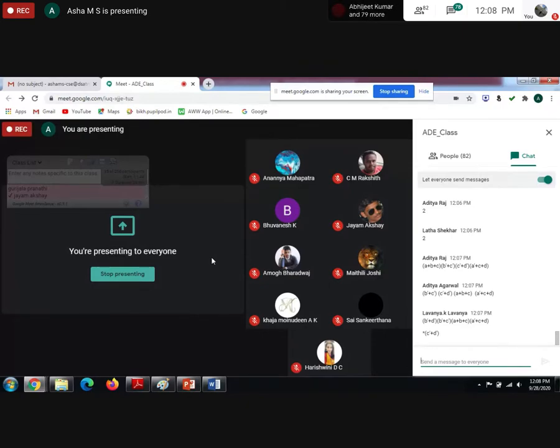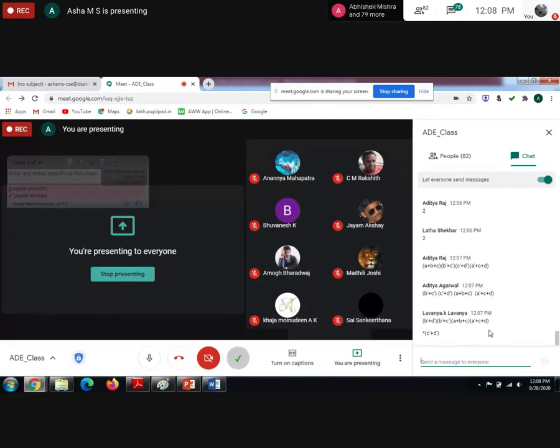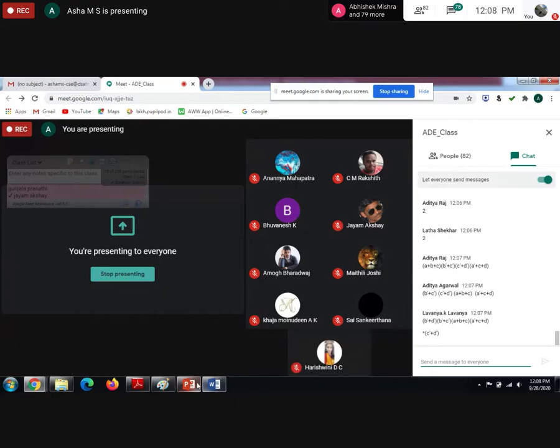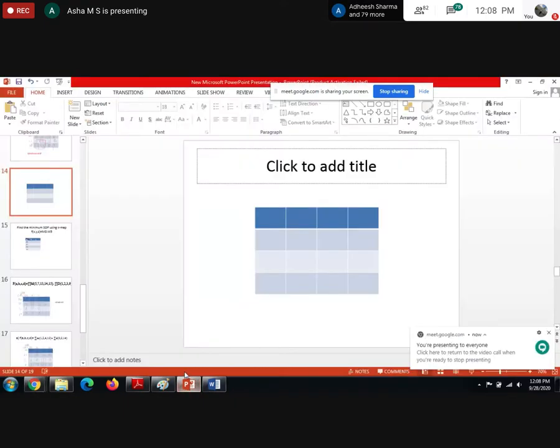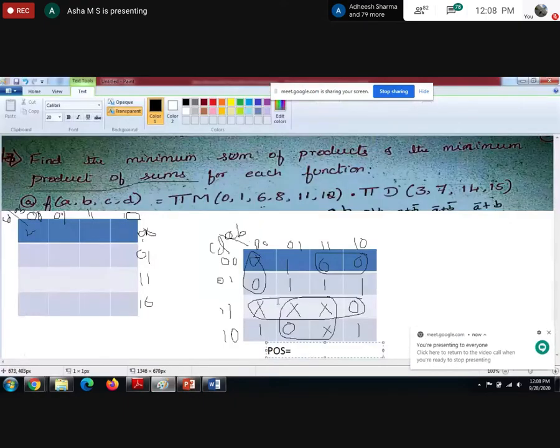Lavanya, check your answer. Okay. C bar plus D. It's very good. Okay, I'll write. Just verify your answer. So first let me write it for this horizontal quad, so that I will be getting C plus B. So this is one sum.